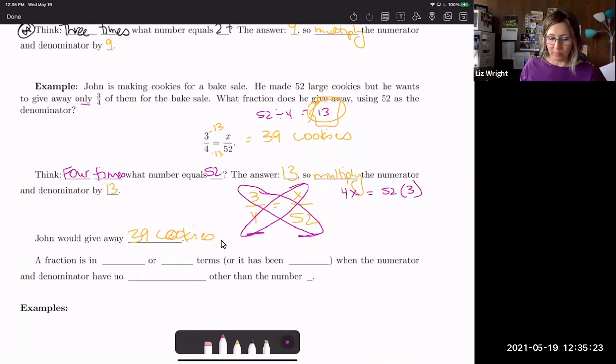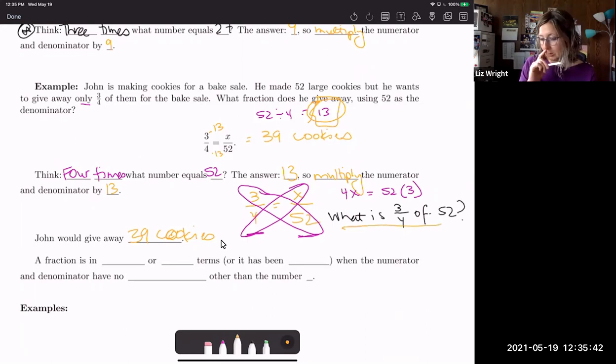The other thing I talked with you about briefly was, essentially we're asking the question, what is 3/4 of 52? If you are converting this sentence into a mathematical equation, our x is our equal sign, 3/4 of is multiplication, 52.